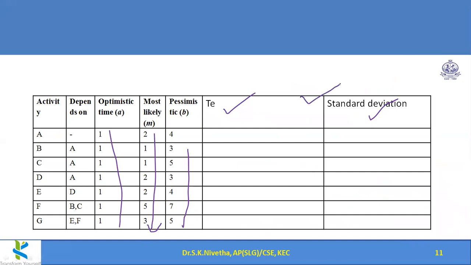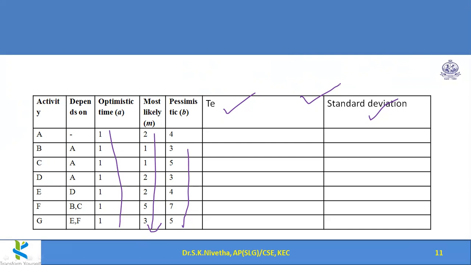Tomorrow anyone can show the result as Brinda showed today. Brinda showed only the duration and standard deviation calculation, but I want beyond that: drawing the diagram, completing the event-wise duration and standard deviation, and checking the Z value for completing the project in the 11th week.